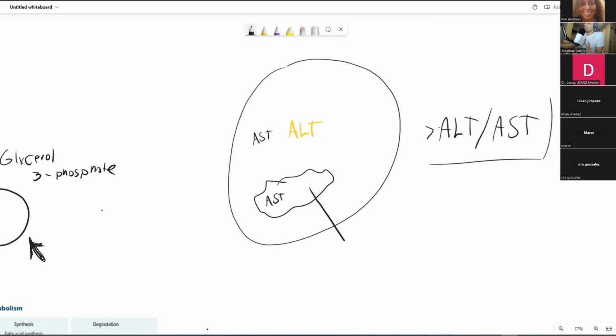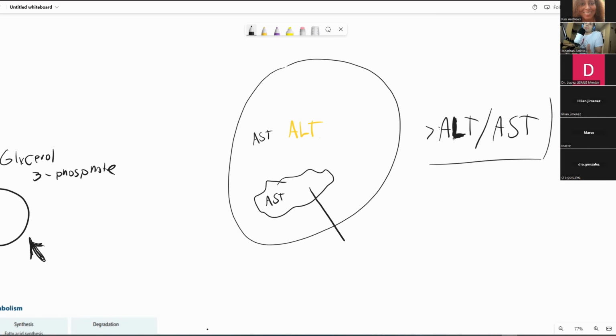So that ratio will be increased because the liver is getting infiltrated with a whole bunch of fat. Yes, ALT, so lipids. That's how you can remember lipids. That's one way of remembering it. So that's the pathophysiology of it. That's how these patients have this type of issue and these problems.